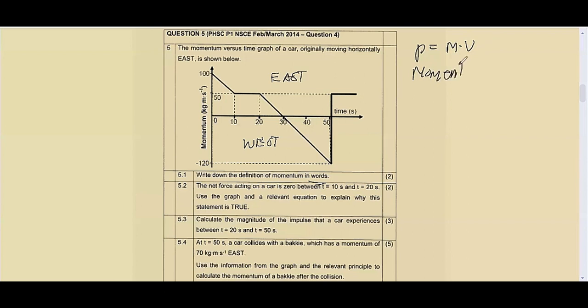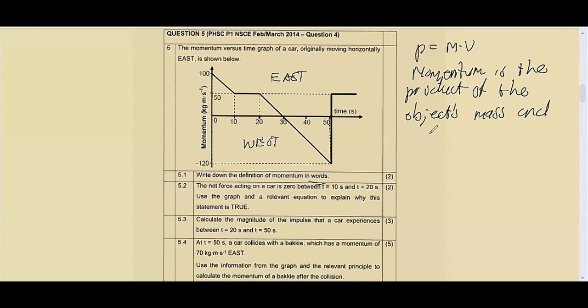We just say momentum is the product of the object's mass and its velocity. So for 2 marks, that's how you are supposed to define it.